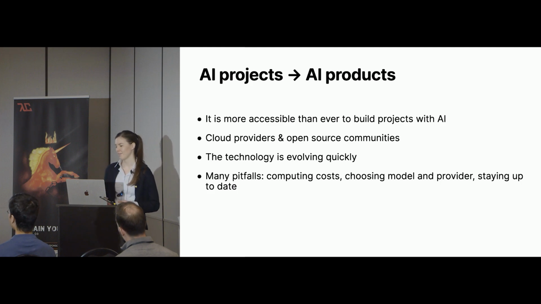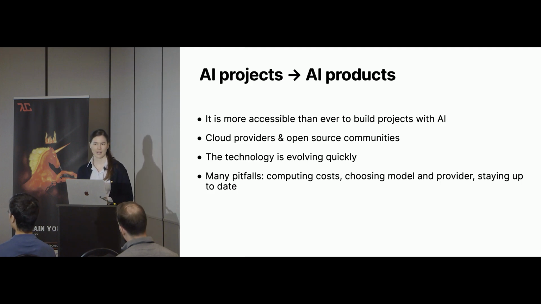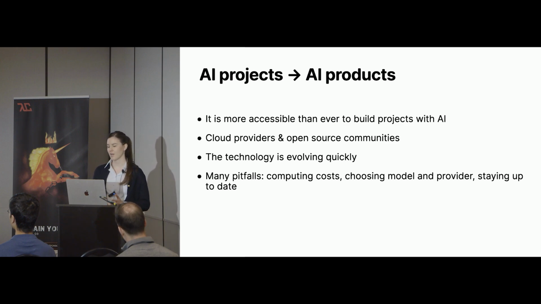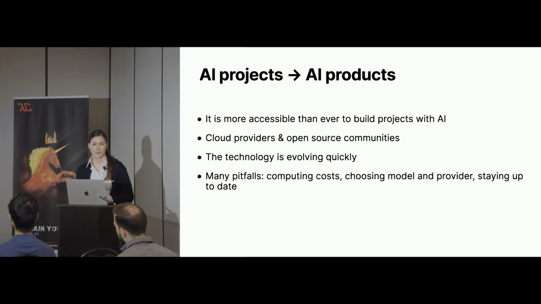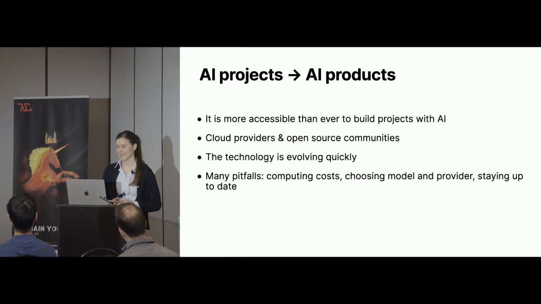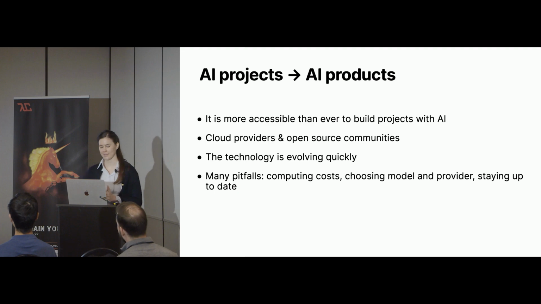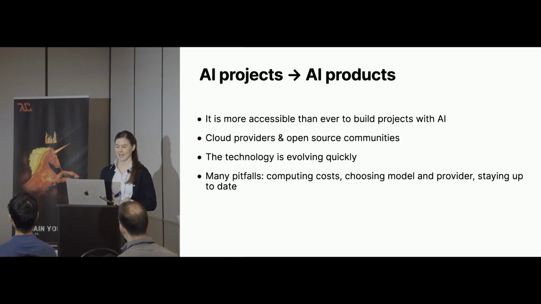While many models are free or very affordable to use, experiments and fine-tuning come with high computational costs. So it's not easy to find the perfect model for your project. It's crucial to do your research and find the best stack for your product. I'm going to show you how I navigated those pitfalls, and I'm going to demonstrate it with one example.